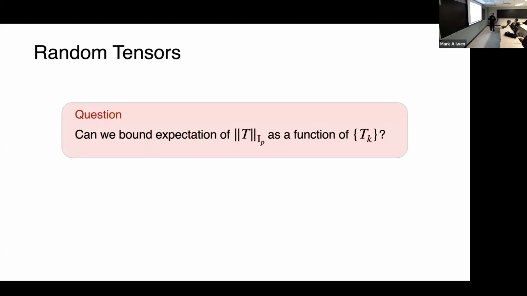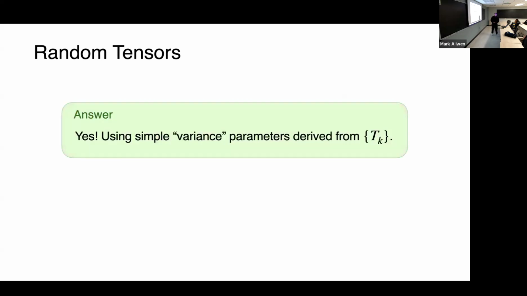So the main question we want to ask today is, can we bound the expectation or the typical value of this random tensor's injective norm as a function of these deterministic matrices T_k? And the answer is yes, using certain variance parameters defined by these T_k.